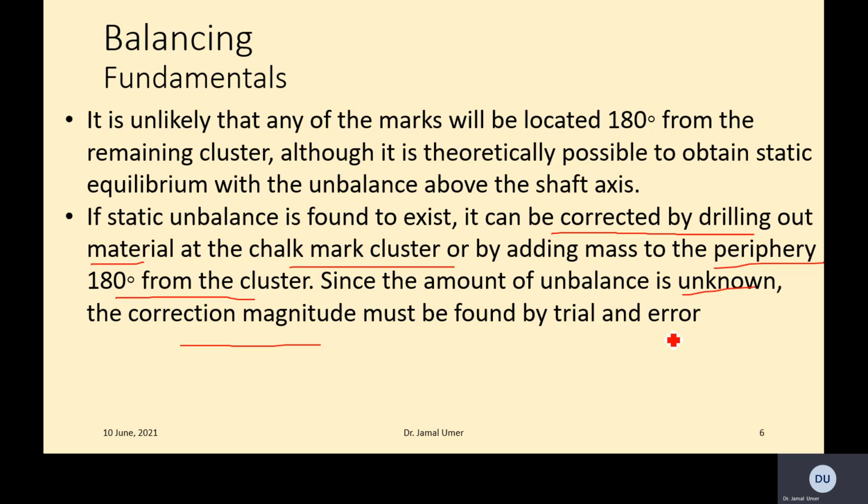So that's why we have some systematic calculations which will be introduced in this lecture, and we'll follow those processes. By the end of this lecture, we would be able to understand how we can theoretically determine the unbalance in the system, and then how we can correct that.